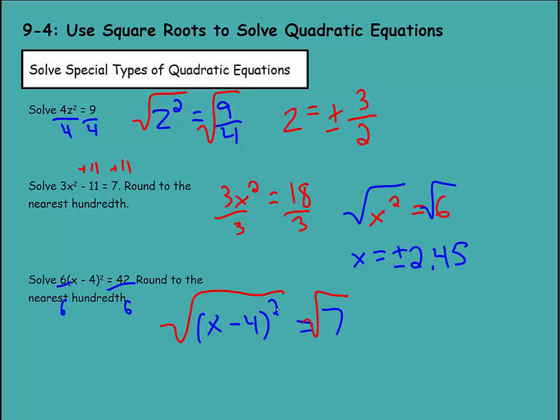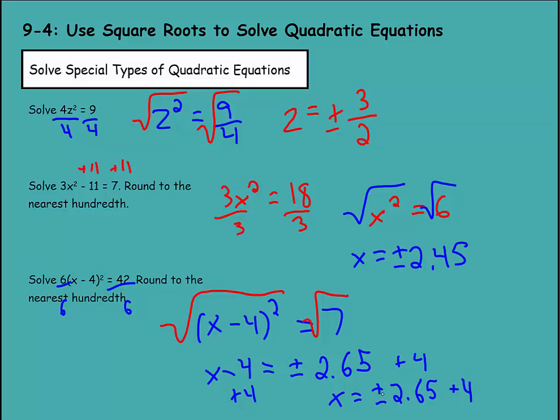The squared goes away, so I'm just left with x minus 4 equaling the square root of 7, which is positive or negative 2.65. To get x by itself, I need to add 4. So x equals positive or negative 2.65 plus 4.